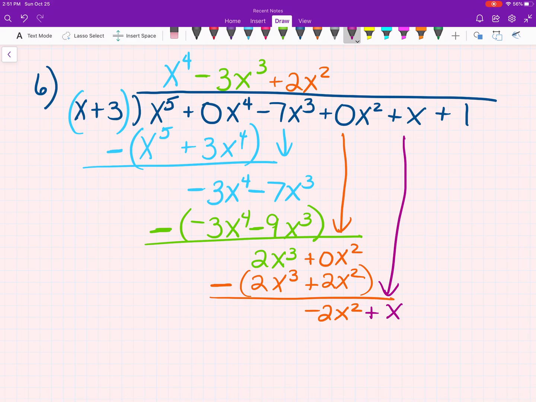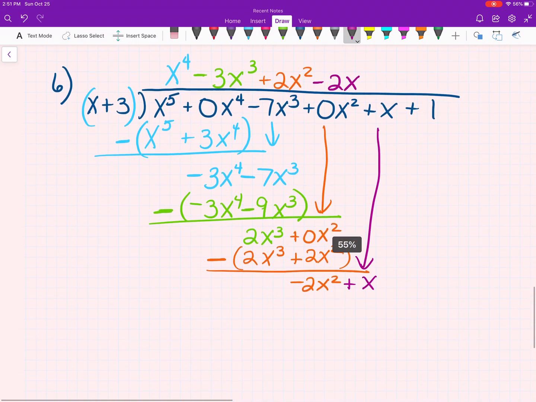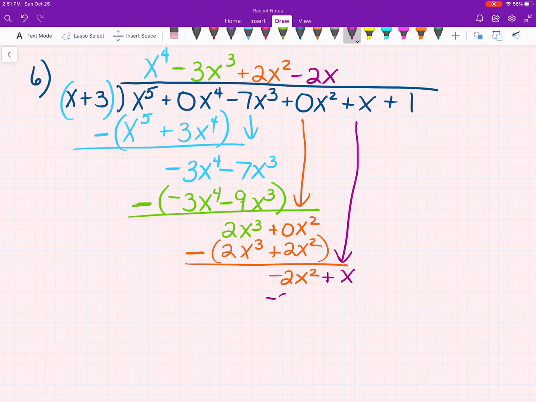So negative 2x squared divided by x is going to be negative 2x. Take that negative 2x, multiply by the entire quantity that you're dividing by. That's going to be negative 2x squared minus 6x. Subtract away. That makes that a positive 6x, so we have a 7x here.